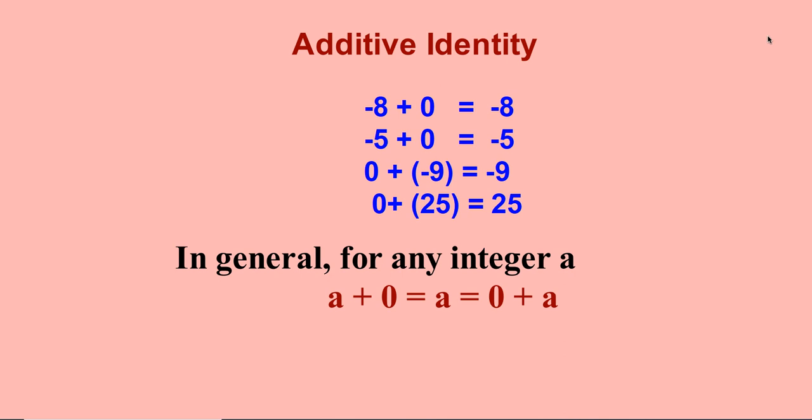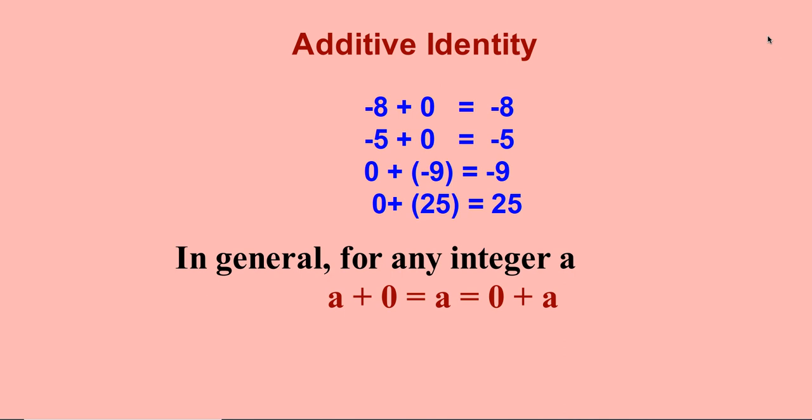So far we discussed closure property. That means if a and b are integers, a plus b or a minus b is also an integer. This property is called closure property. Then commutative property: if a and b are integers, a plus b is equal to b plus a.